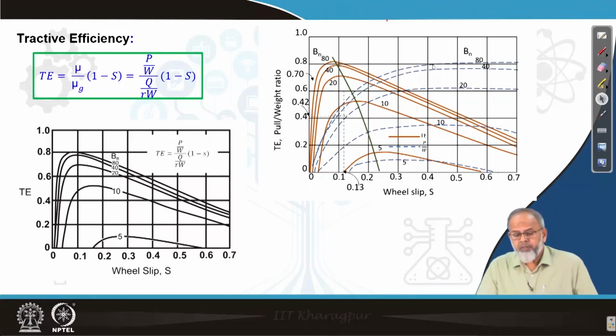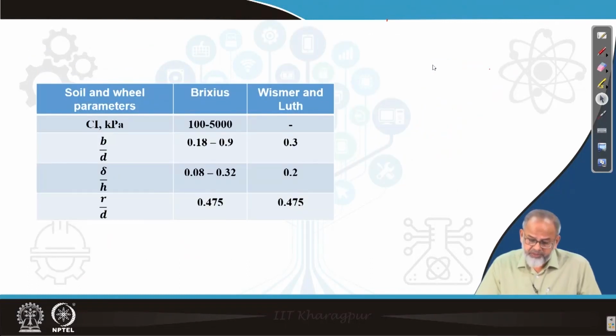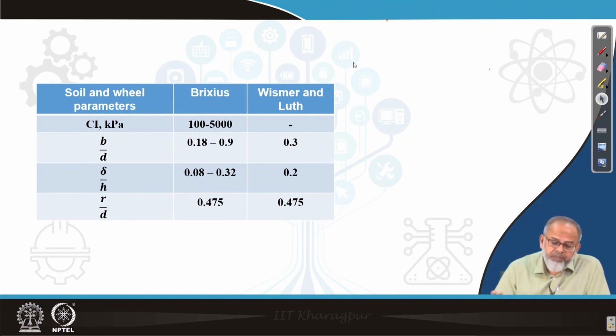One is for Wismar and Luth, the other one is for Brixius, and let us see now the applicability of Brixius equation. The applicability of Brixius equation is for a cone index starting from 100 to 5000, the very high value, and the B by D ratio is 0.18 to 0.9.